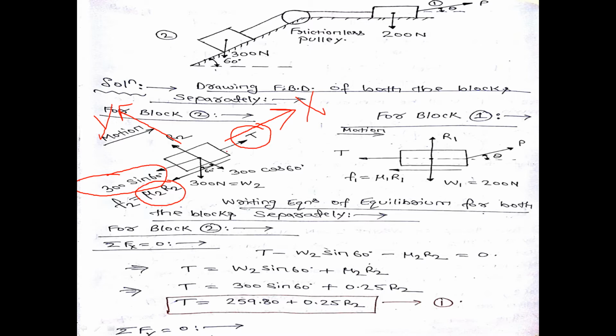W2 is given in the problem, that is 300 Newton, so 300 sin 60 plus mu 2, and since the coefficient of friction is the same for both contacting surfaces, mu 1 equals mu 2, which is equal to 0.25, times R2. Multiplying sin 60 with 300, you get 259.80. So finally equation number 1 is T equal to 259.80 plus 0.25 times R2. Is it clear?